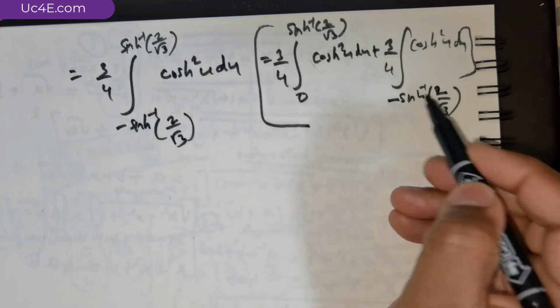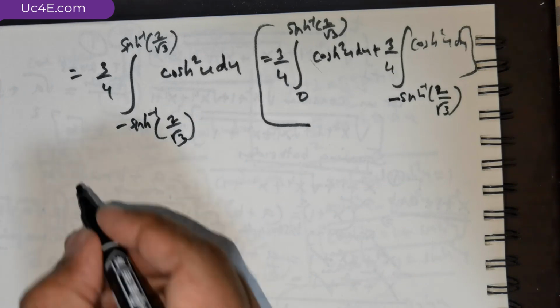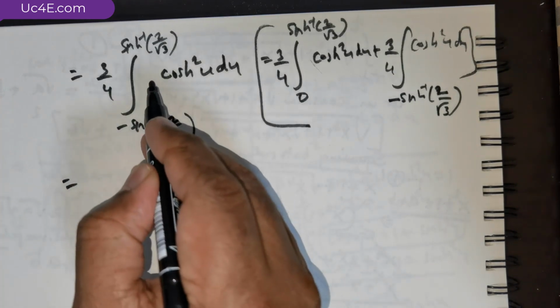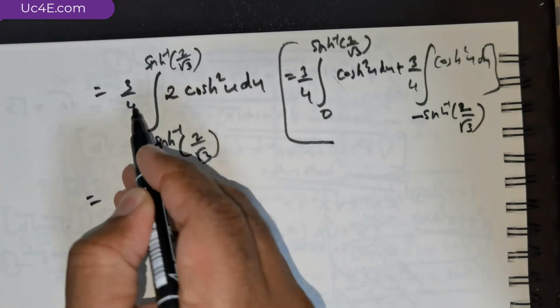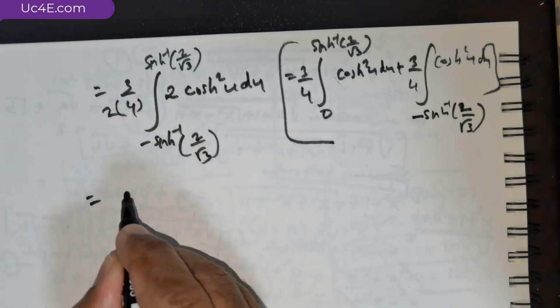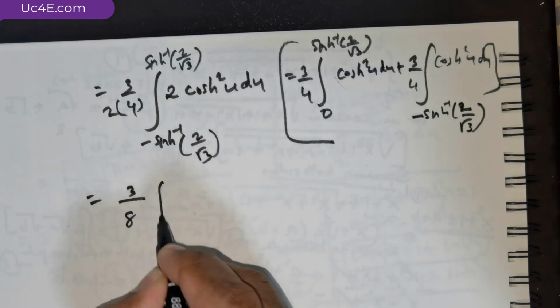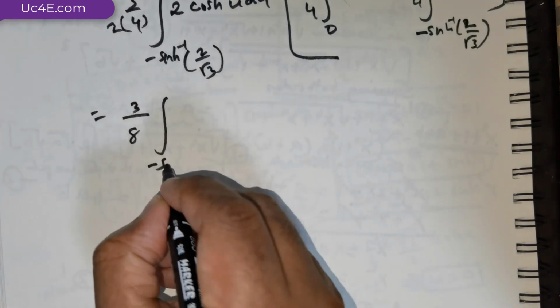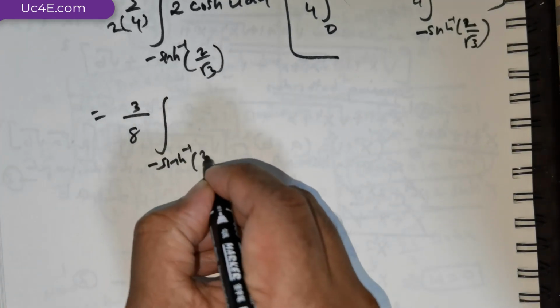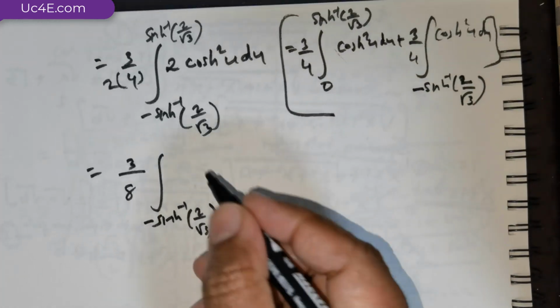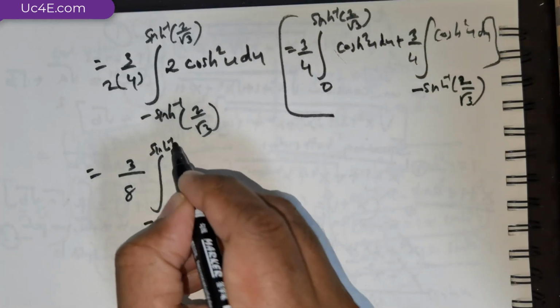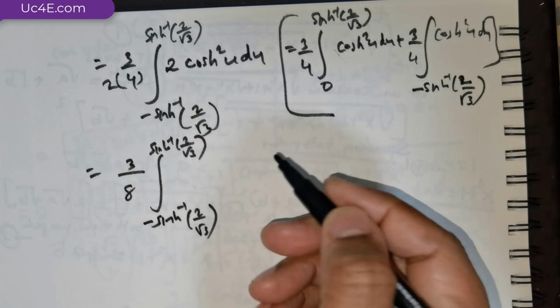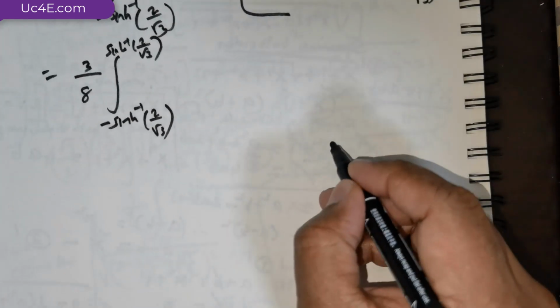So I just clubbed these two and I got this. Now what I wish to do is I would like to multiply this by 2 and divide this by 2. So this is going to give me 3 over 8 integral negative sinh inverse of 2 over root 3, and this is going to be sinh inverse of 2 over root 3 with the positive sign.